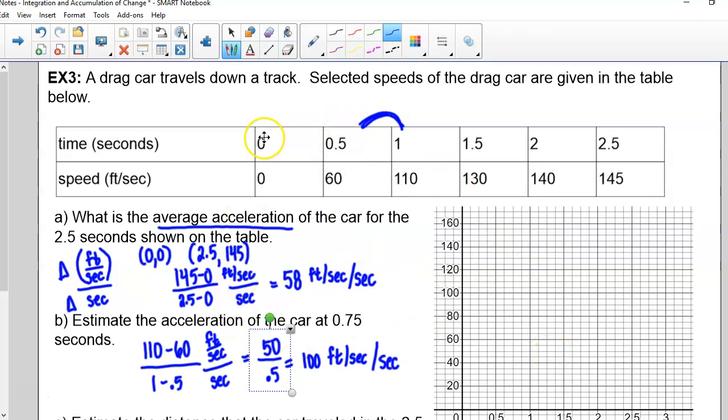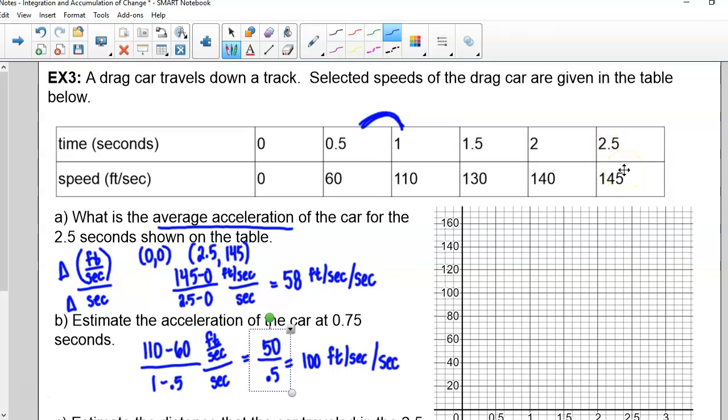So you'll see the average acceleration was 58 feet per second squared, but between 0.5 and 1, it was probably closer to about 100. And so the acceleration seems like it's greater at first because from here you go 60 feet per second faster, then you only go 50 feet per second faster, then 20, then 10, then 5.